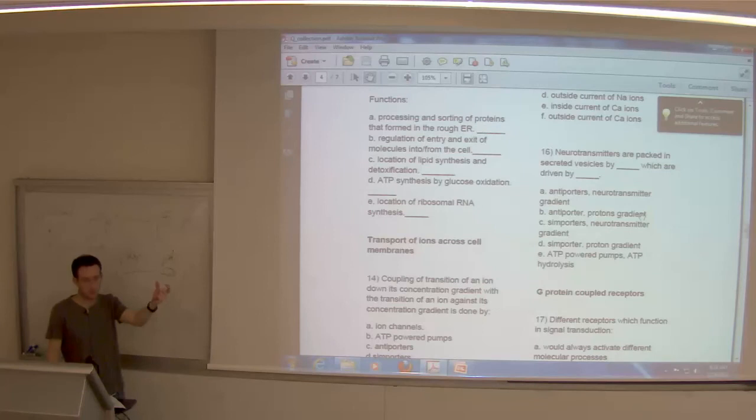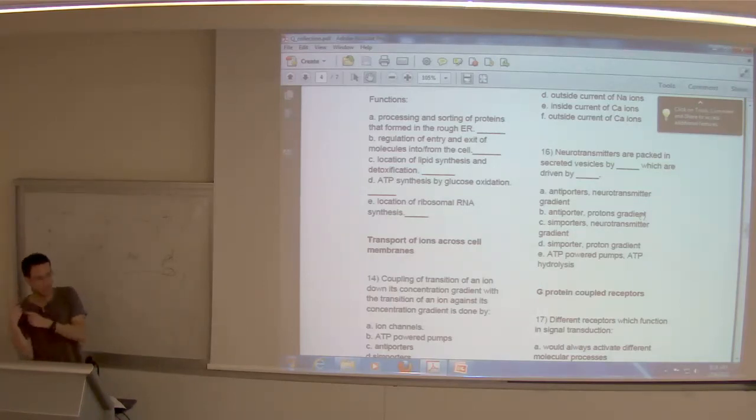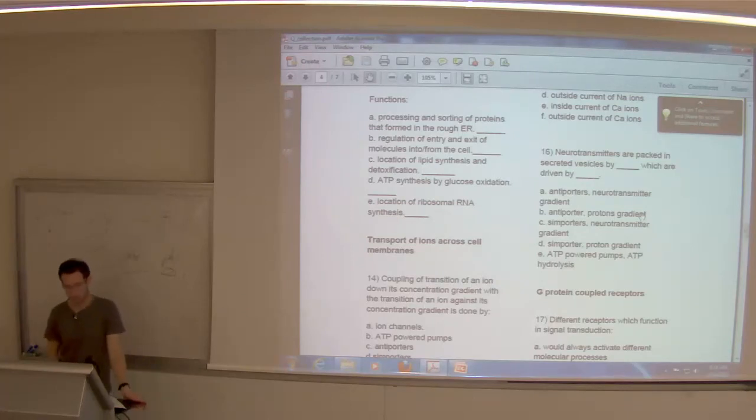Remember, there's the coupling: first you induce a high concentration of protons inside the vesicles. You make it more acidic, and then you use this proton gradient to take out a proton and to enter a neurotransmitter. That's the mechanism of the vesicle packing.